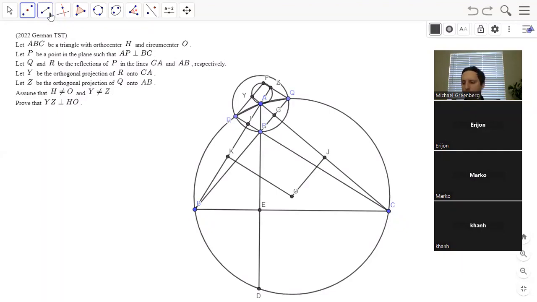That's a good way to write this. Or we could say YJ is YC minus CJ. That's a better way to do it.